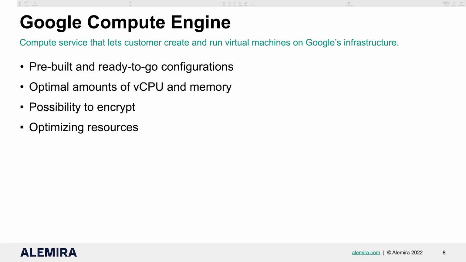For example, if you don't use virtual machines for a long time, Google monitors it, realizes that you need only 10% of these resources, and will say, okay, you can save up to, for example, $50 per month, just go to another type of virtual machine.